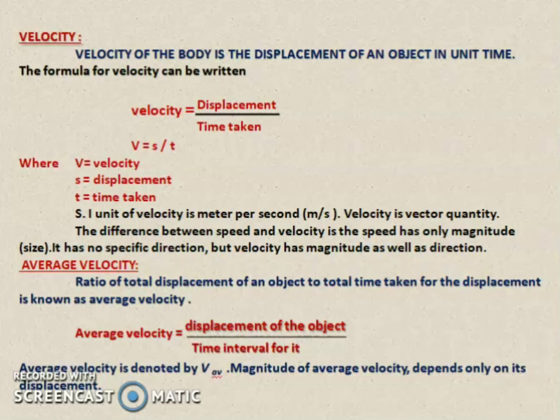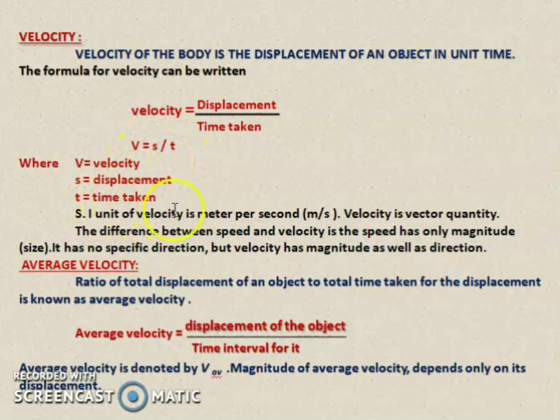Speed is distance upon time, whereas velocity is displacement upon time. Here velocity is represented by the letter V, displacement is represented by the letter S, and time is represented by T. So the formula is V is equal to S upon T.